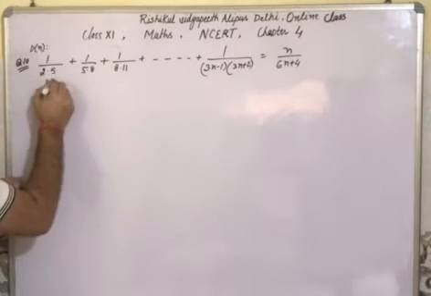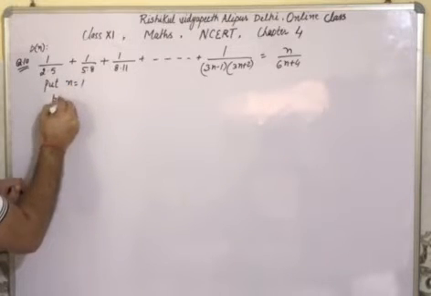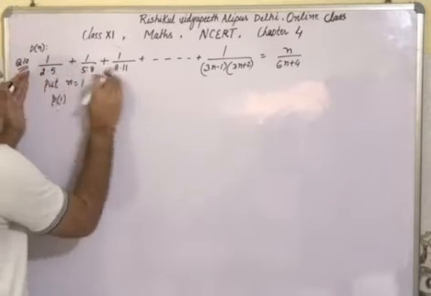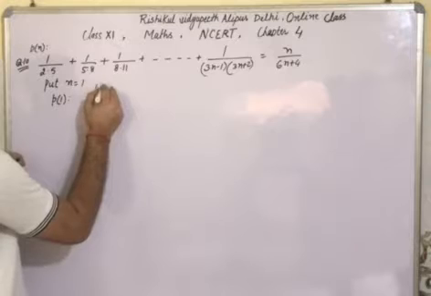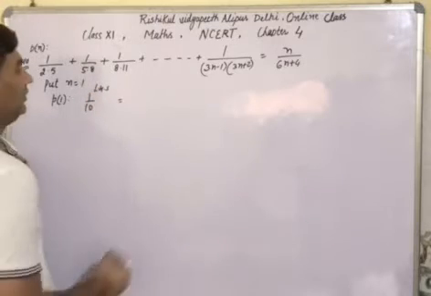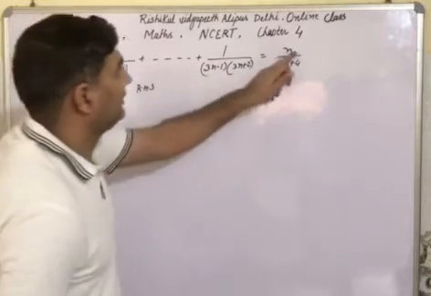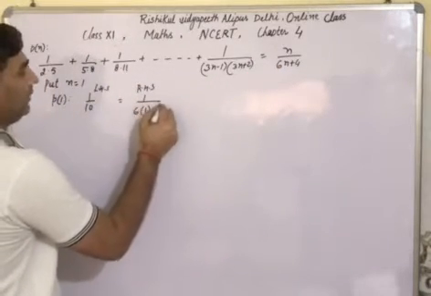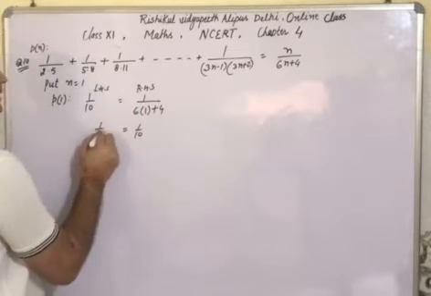First step, put n is equal to 1. Then P of 1: put this 1, then up to 1 term, this is 1 by 10. Left hand side is 1 by 10. Talking about the RHS, this RHS is 1 over 6 into 1 plus 4, which is 1 by 10. So 1 by 10 is equal to 1 by 10.